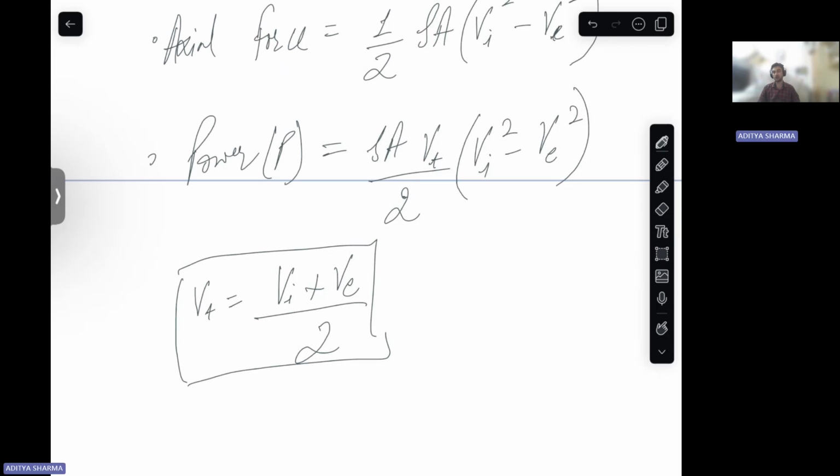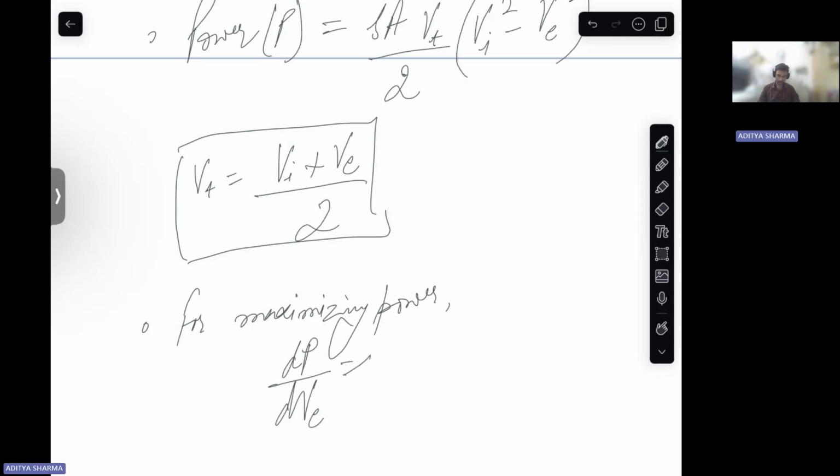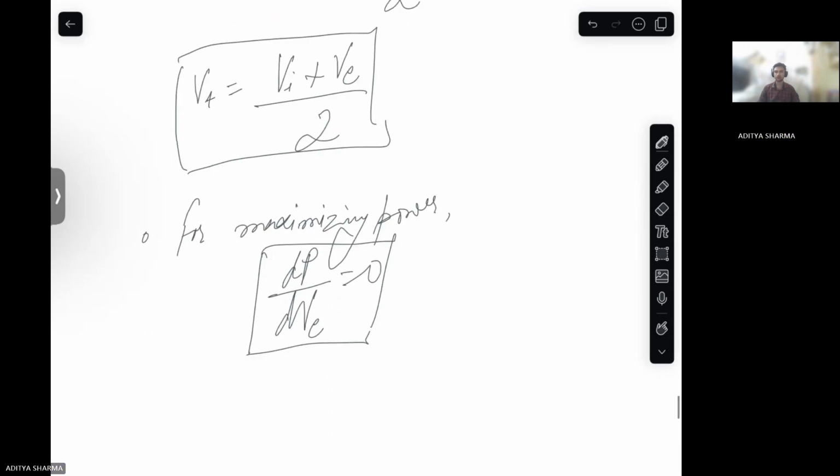Then if you need to find out the optimum velocity for the wind leaving, you want to maximize your power. For maximizing power, what you do is differentiate it with respect to exit velocity and set it to zero. Okay, the concept of maxima and minima.